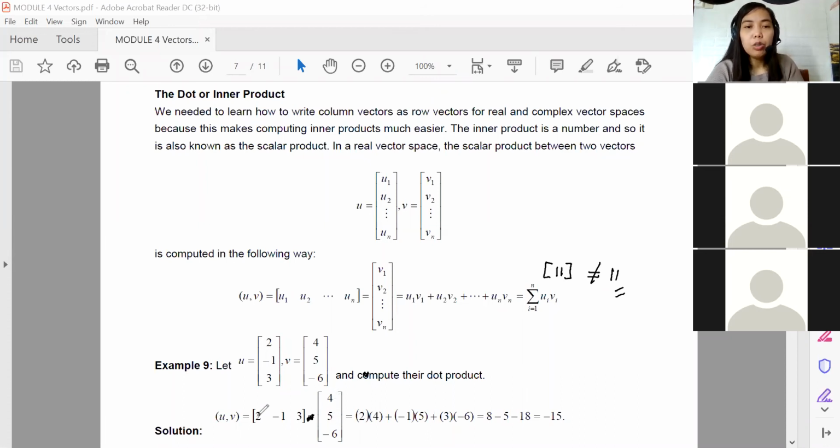By your v, so 2 multiplied by 4 plus -1 multiplied by 5 plus 3 multiplied by -6. So we will have 2 times 4, it's 8, -1 times 5, it's -5, 3 times -6, it's -18. So 8 minus 5, it's 3 minus 18, -15. So our answer is a real number, not a matrix.